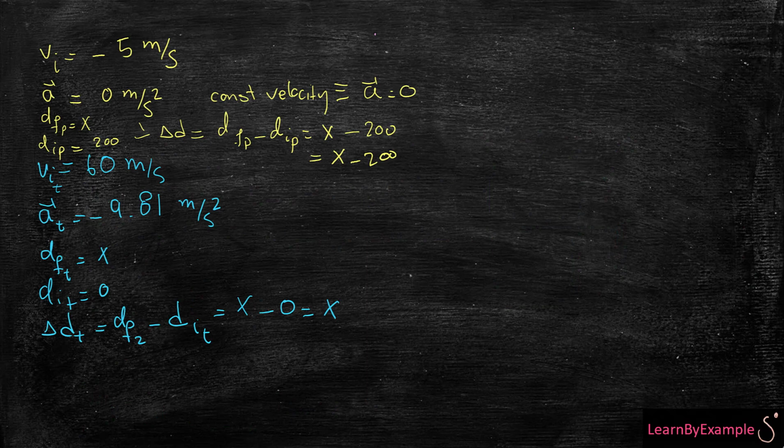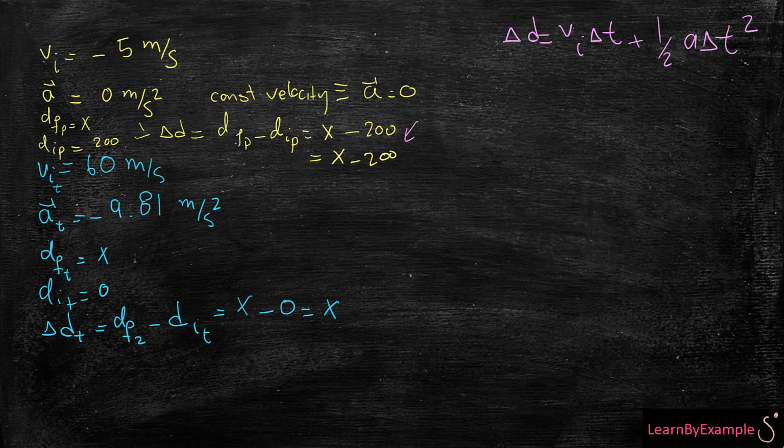Okay, now that we're back, I've written all the data down here, and I'm going to pick this equation: delta d equals v initial times delta t, plus half of a delta t squared. Why did I choose this equation? Because in this equation, I have my delta d known, which I know from here.